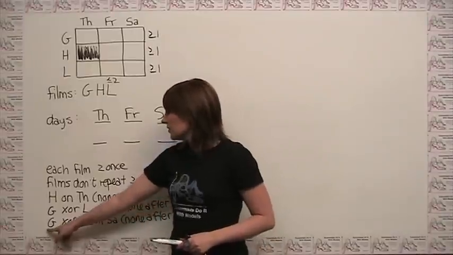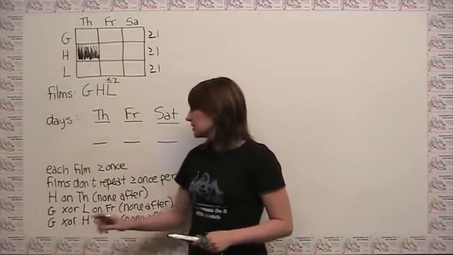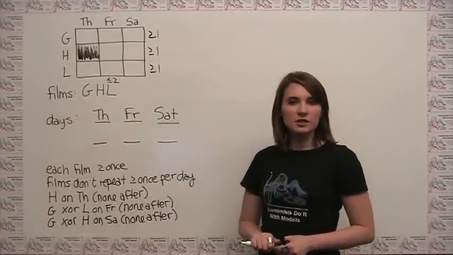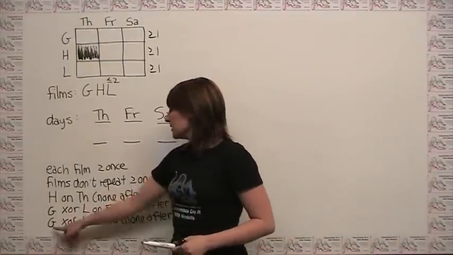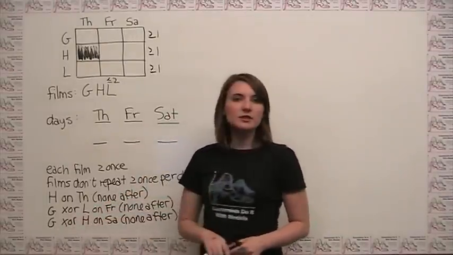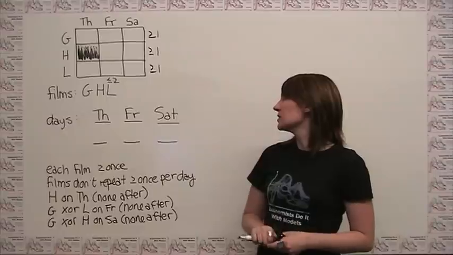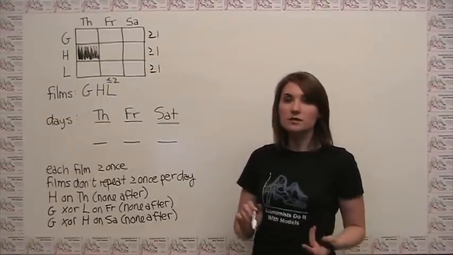We can do a similar thing with this third rule here, to say exactly one of G and H is shown on Saturday. This means that if we can't have both G and H, the maximum number of films to be shown on Saturday is also 2.